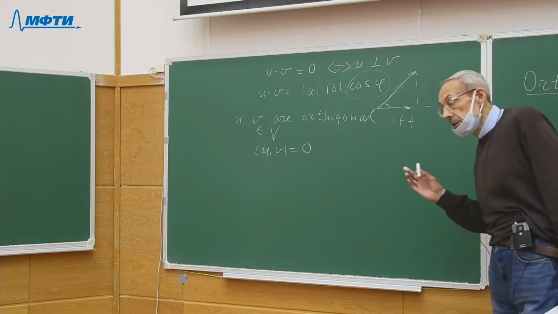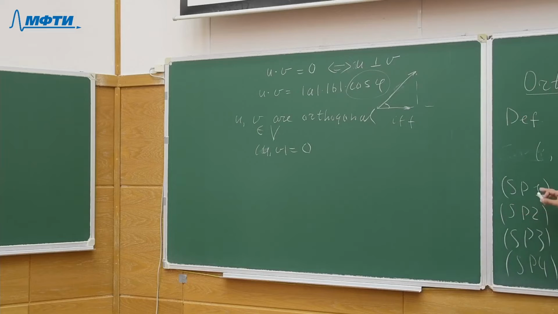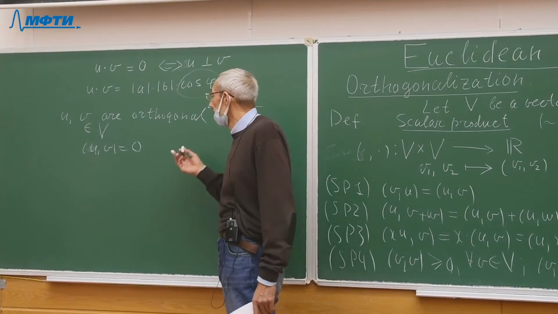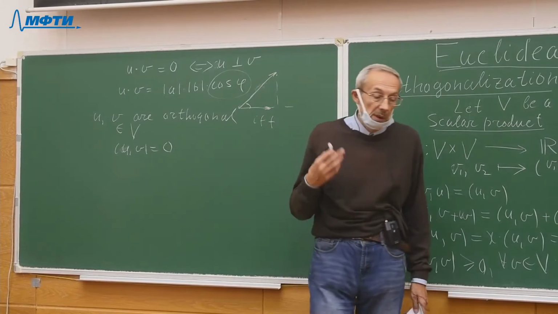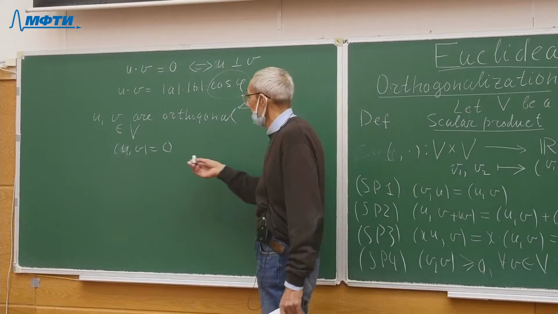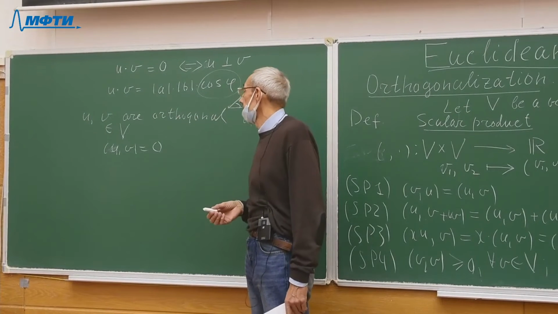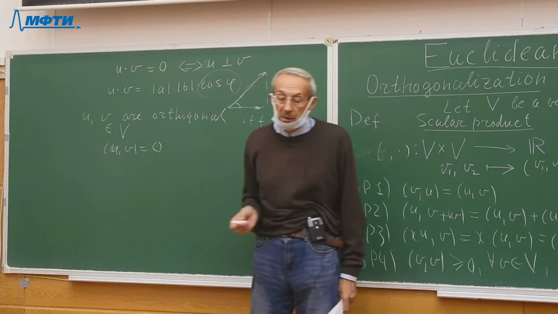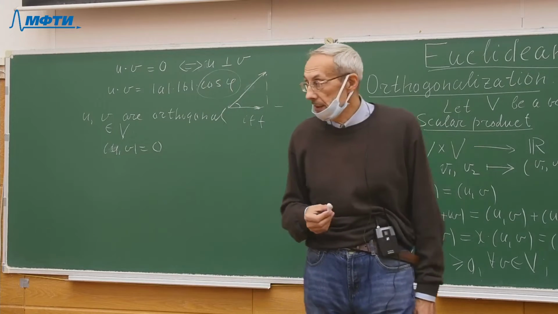But using this abstract notion, we can first introduce the notion of orthogonality, and we can say that some arbitrary vectors are orthogonal or perpendicular if their scalar product is equal to 0.